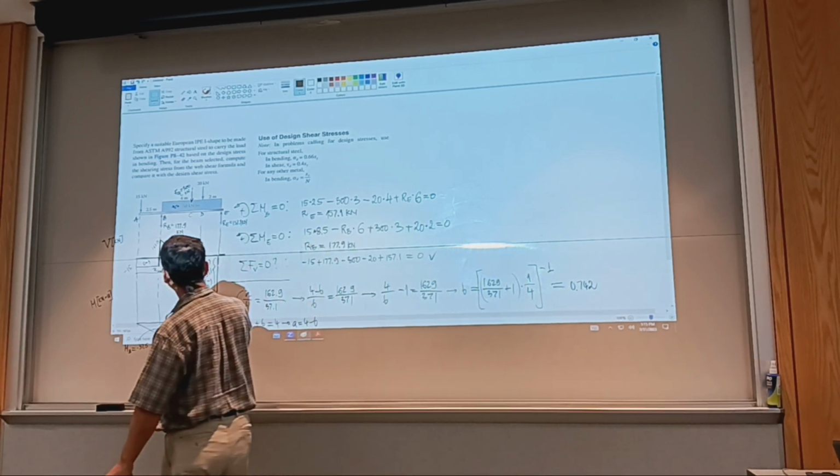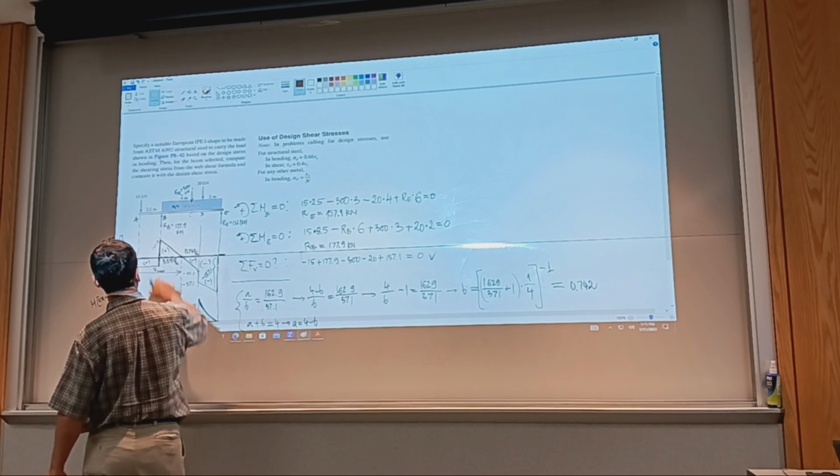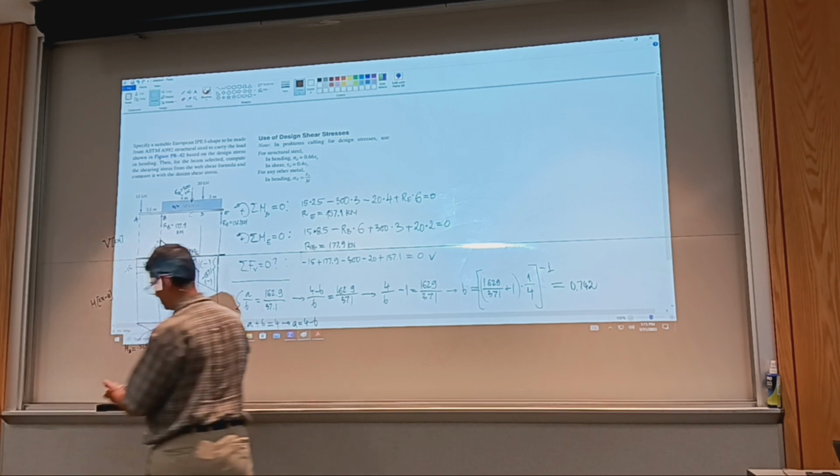Okay, so let's see what the moment is where it's maximum. I have negative 37.5, to which I'm adding the area of this triangle.